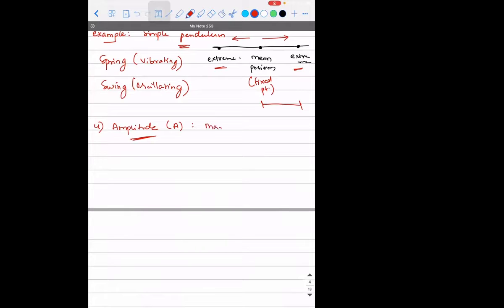It is the maximum distance of the particle from the mean position.